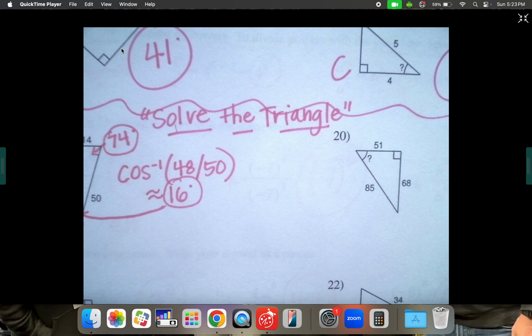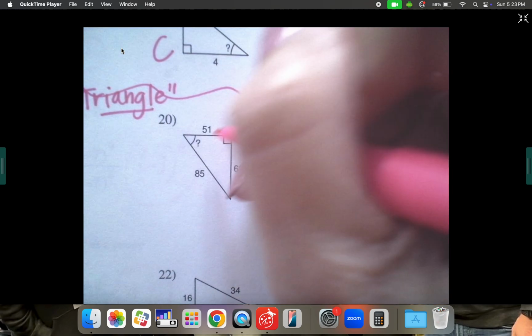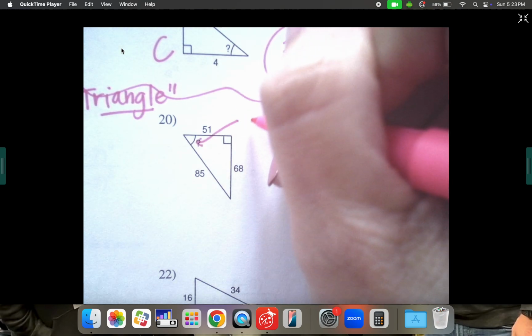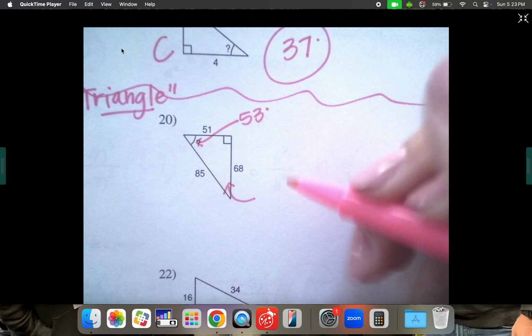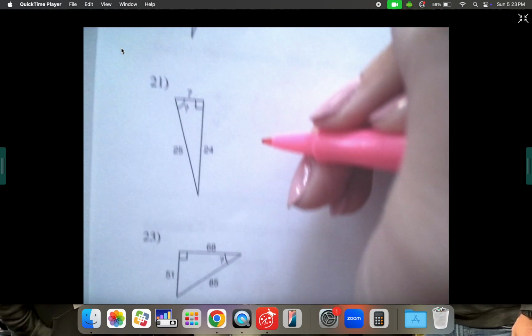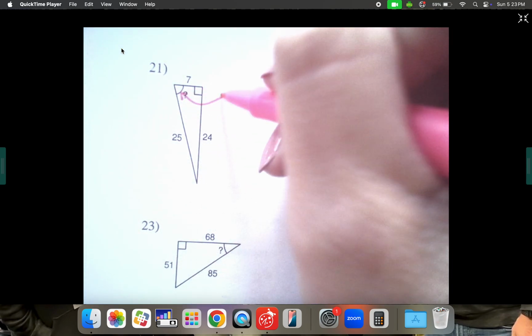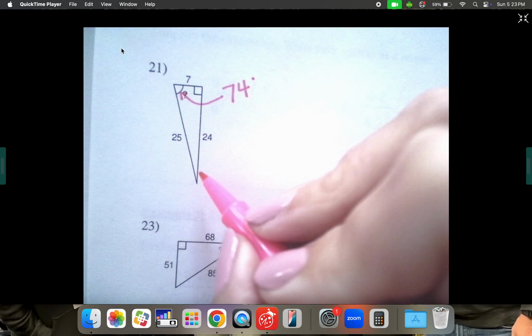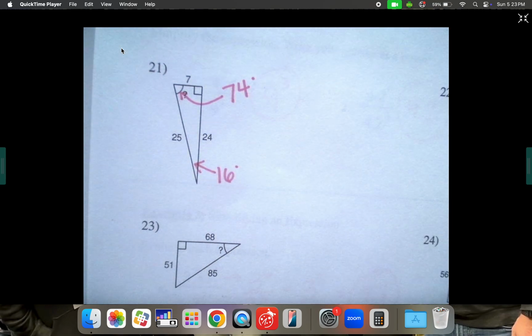All right, the last 5. Number 20, I got for the question mark angle 53 degrees, which meant that the extra angle down here would have been 37. For number 21, the question mark angle, I got 74 degrees, which means the tiny little one down here would just be 16.